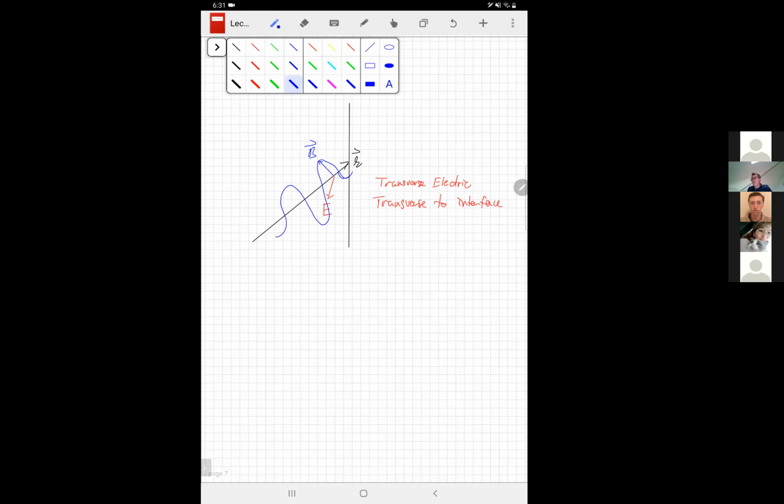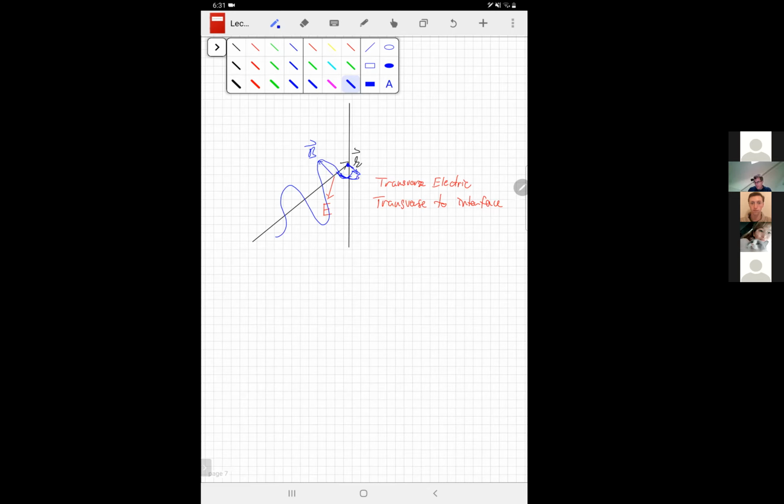So it's transverse, meaning that the E field is transverse. It doesn't have a component that's pointing into the interface. But on the other hand, if we look at the B field over here, it's gone through a half cycle of oscillation. So it's at the bottom of its cycle. It's pointing like this.